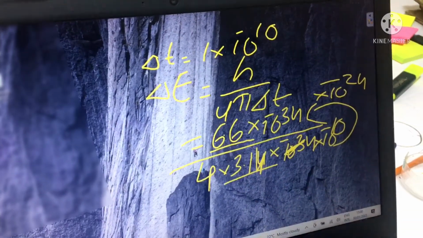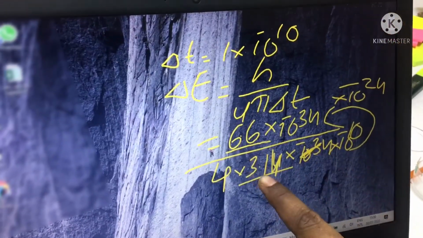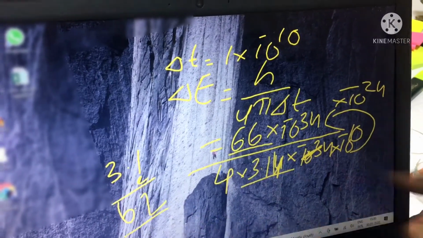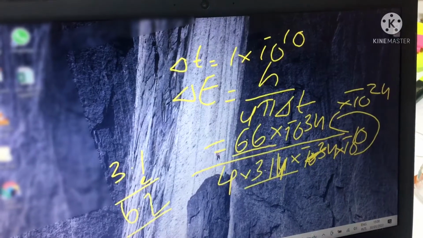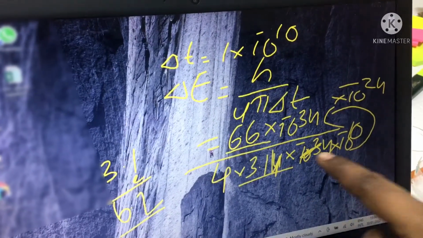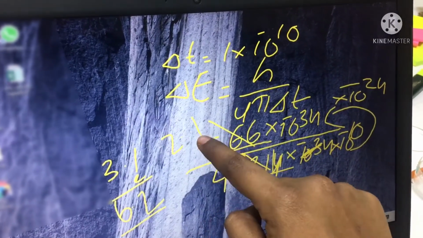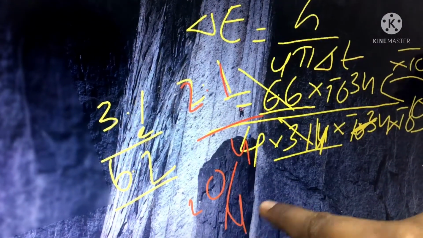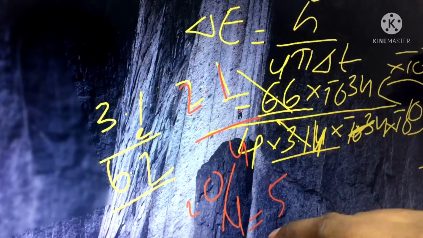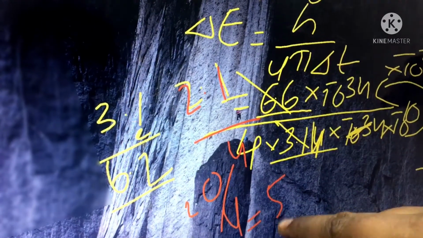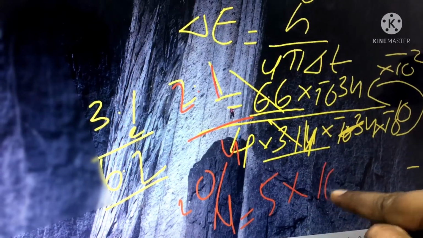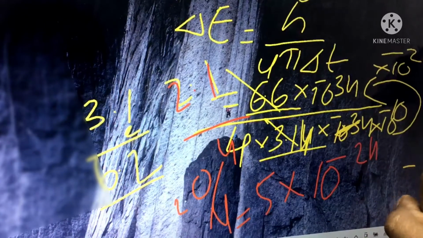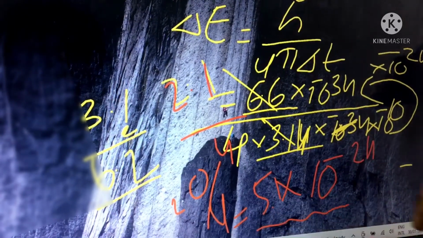How many 3.1s are there in 6.6? 3.1 into 2 is 6.2, but we have 6.6 here. So if we divide 6.6 by 3.1, it should be 2 point something. Then 2.1 by 4: if it were 20 by 4 it would be 5, but here 21 by 40, so it should be 5 point something. 5 into 10^-24, so 5.1 something we will get.